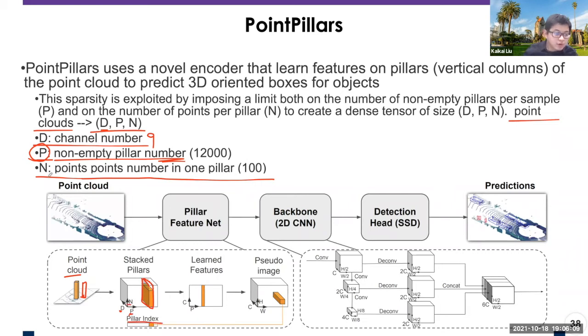N is the number of points in one pillar. So this is called the stacked pillars representation. This is the first part. The second part is they want to learn the feature. Finally, after they learn the feature, it becomes 2D. How can they learn the feature from the 3D space to this 2D?